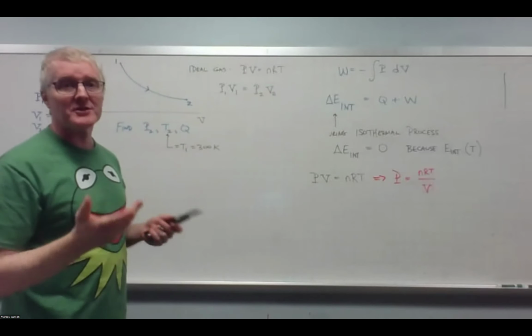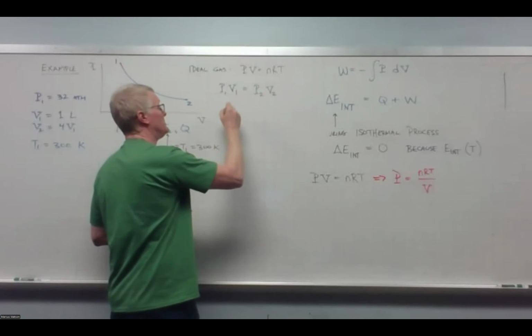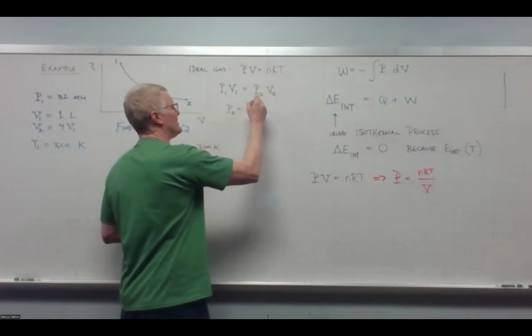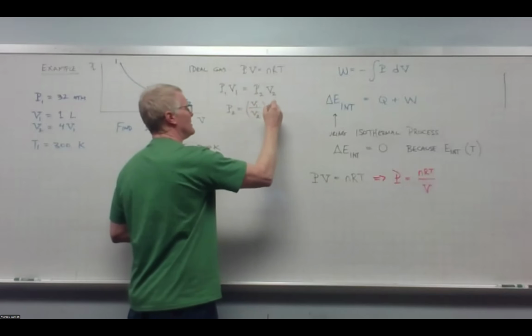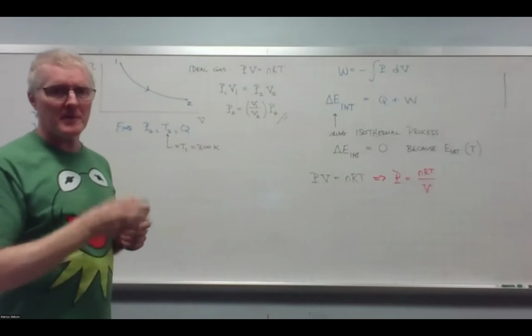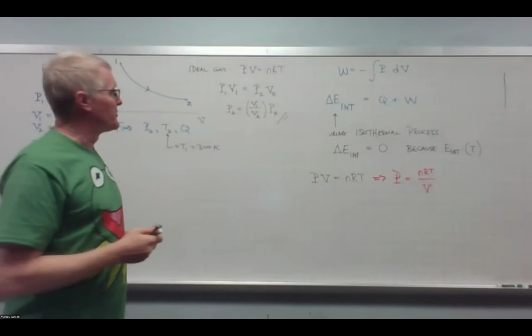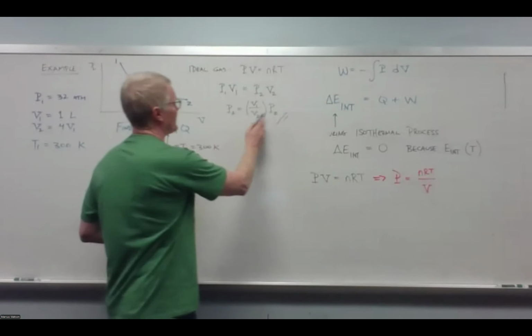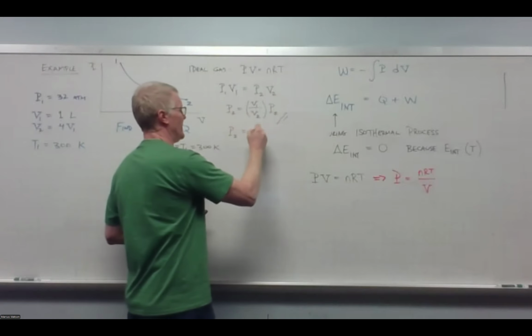And therefore, I can solve for what P2 is by looking at the ratio of the volumes. Okay, it's just the ratio of these two volumes. Oh, well, then you got to multiply by the original pressure. So you can see if I do that, that this is 1/4 and therefore P2 turns into 8 atmospheres.